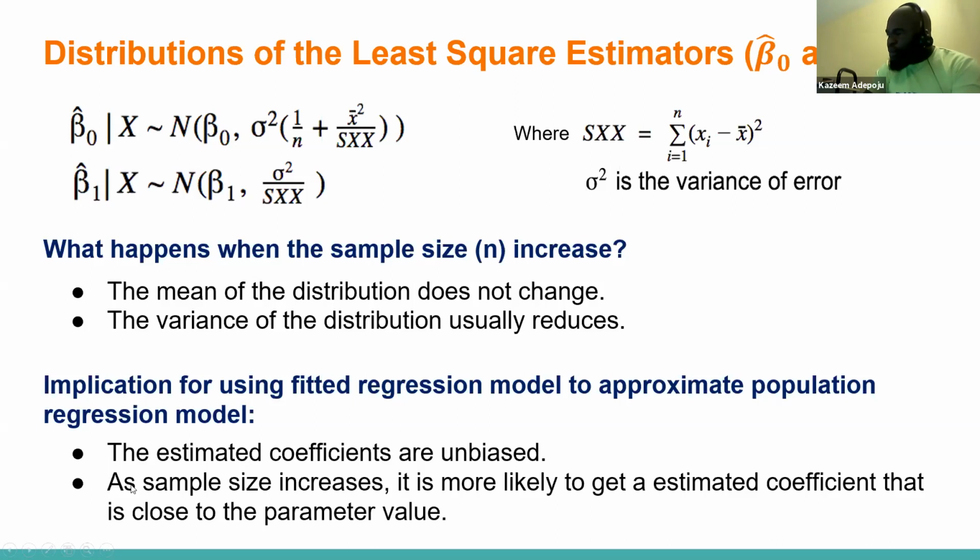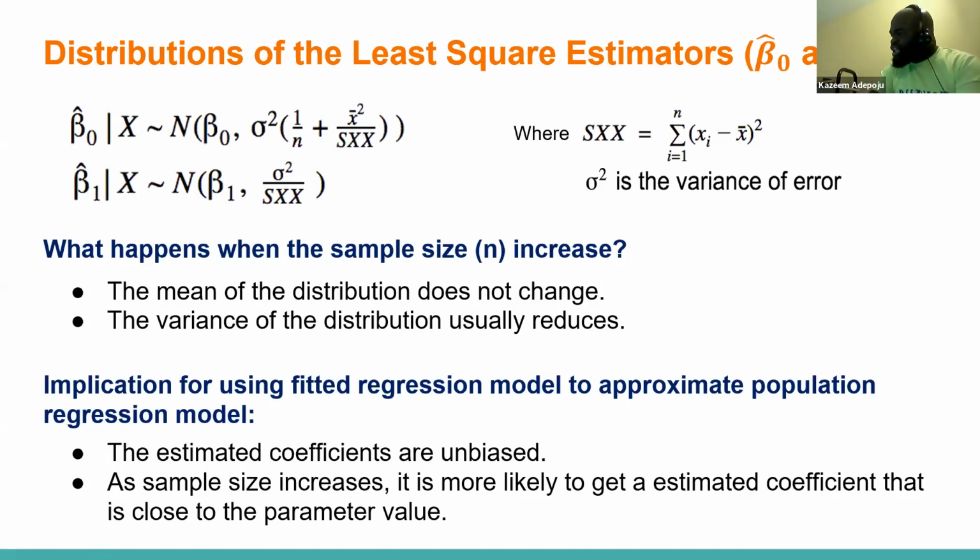Another important property is what we call consistency. What do we call consistency? Consistency is trying to say that when the sample size increases, we expect the variance of the estimator to get small.